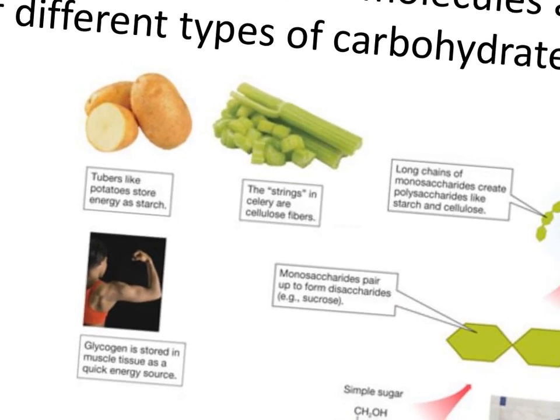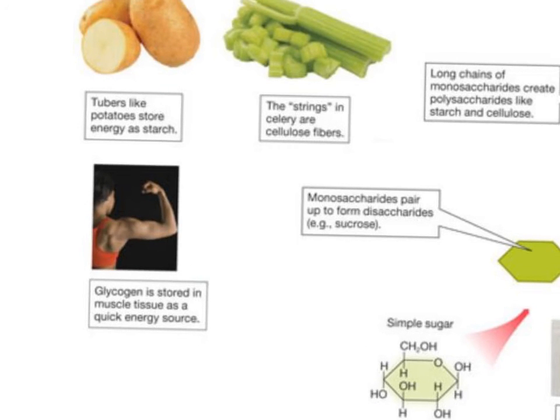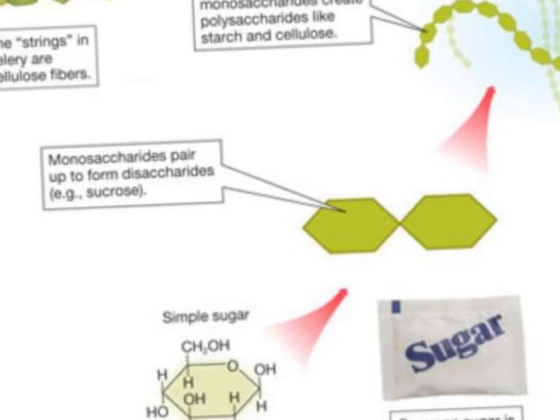So tubers, potatoes, they have starch. These are long chains of carbohydrates. Carbohydrates in our body are actually stored in the liver and muscles, and it's called glycogen. And that's what we burn up in the beginning when we're doing exercise and we need energy. So we have monosaccharide pairs.